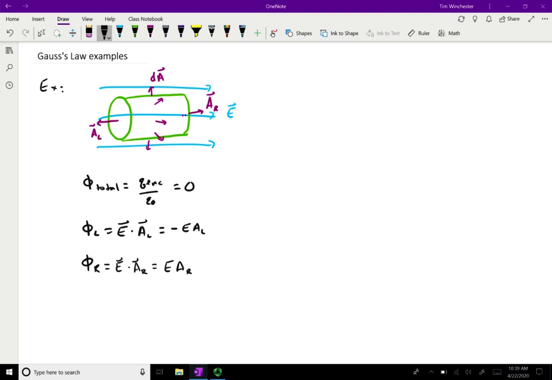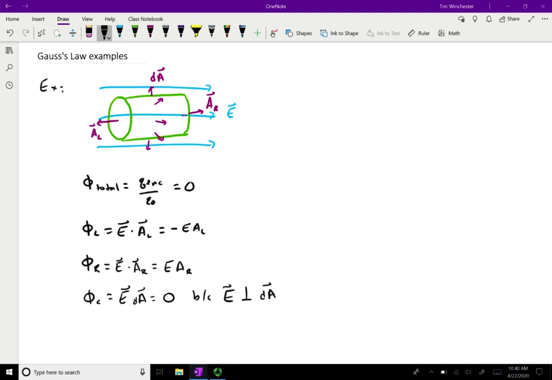Finally, we have to consider the curved side. Here, the electric field is to the right, but the area vector, if we look at the top one, points directly upward. All the other ones will point outward radially. So you should take a minute to convince yourself that E times dA in this case is 0, because E is perpendicular to dA.